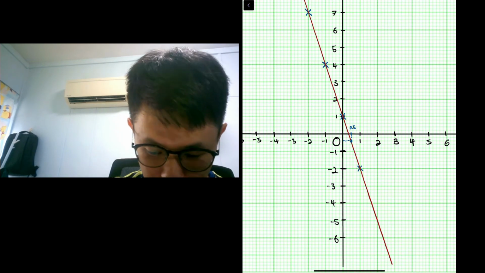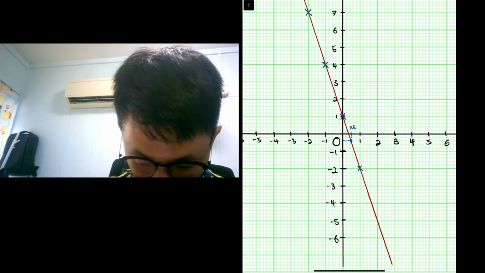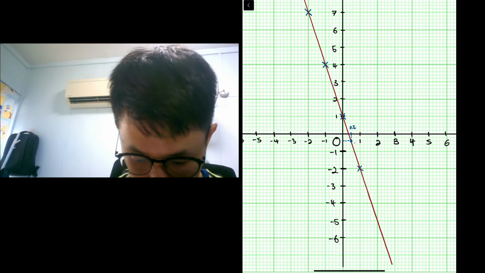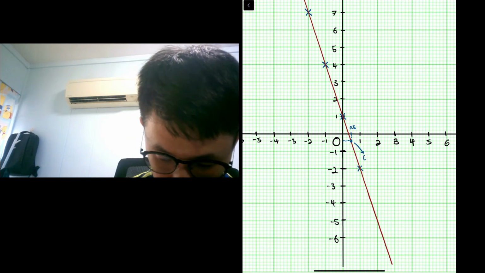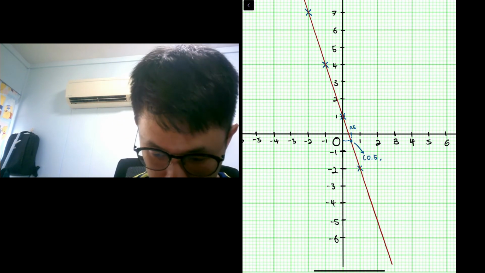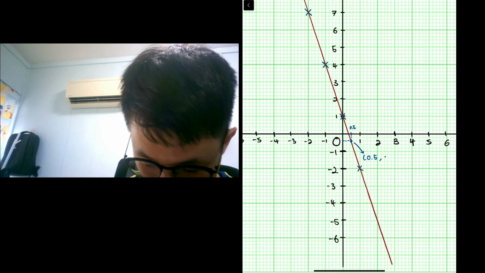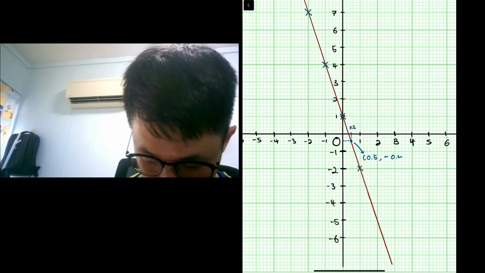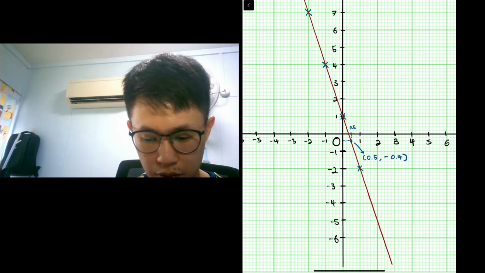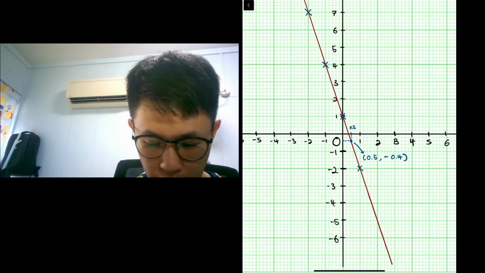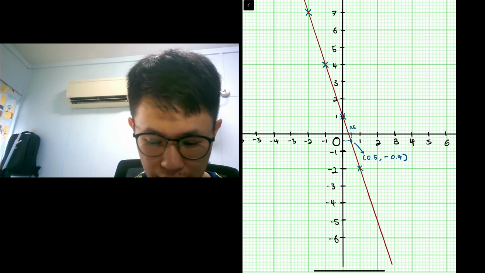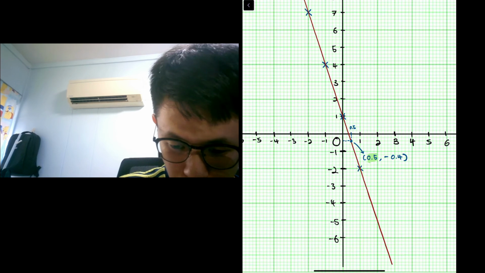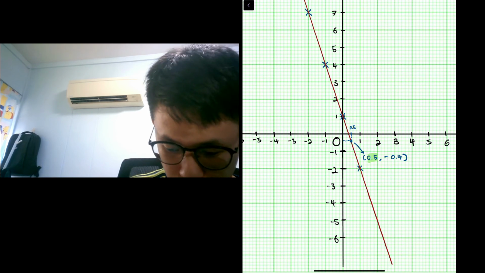So actually at this part, the coordinate here is actually 0.5 comma negative. It's going down 2 units, so it's negative 0.4. So this point actually tells us when x is equals to 0.5, y is negative 0.4.